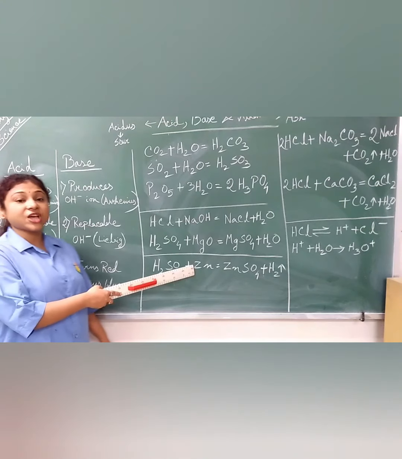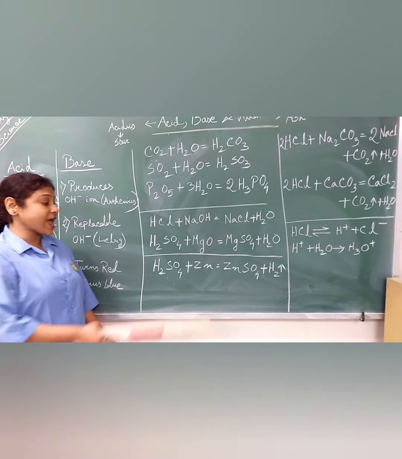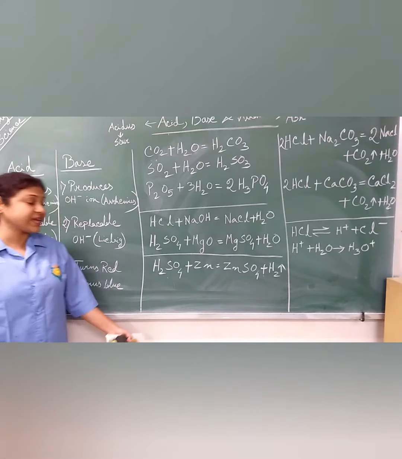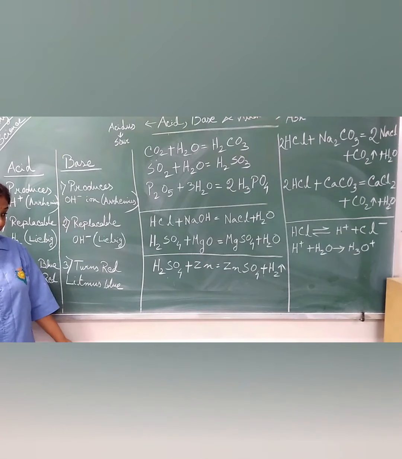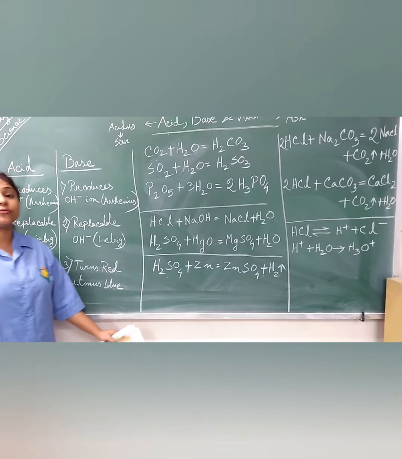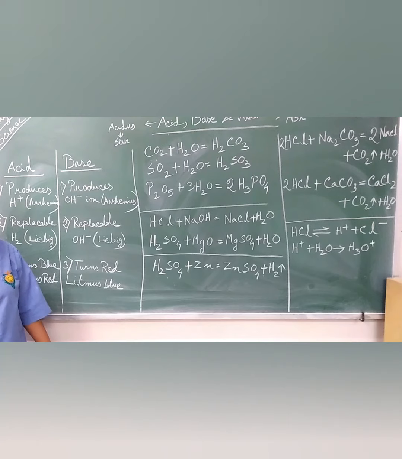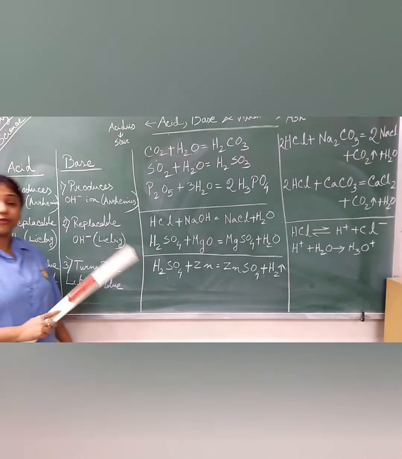Acid reacts with metals which are more electropositive than hydrogen, like zinc, magnesium, iron, etc. But copper, no. Acid will not react with copper because copper is less electropositive than hydrogen.